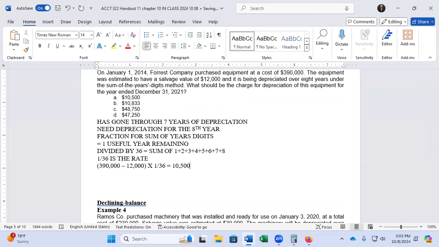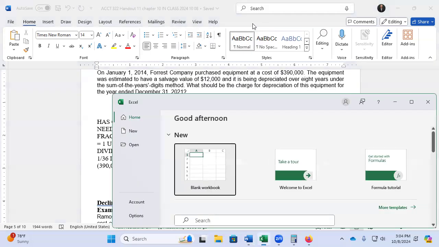Now this one says what should be. I think what they're indicating is that they don't want you to go back and take all the previous years and see if it goes below the salvage value. But we should technically go back and calculate the depreciation for each of those years, which, if you're using Excel, is pretty easy.